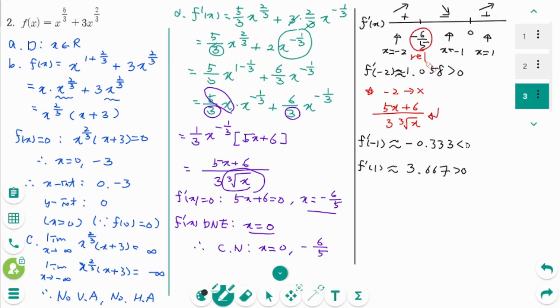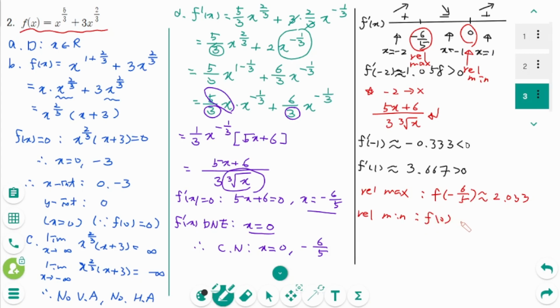And relative maximum, use this. f of minus 6 over 5 is rounded to 2.033, and this part is relative minimum. And f of 0 equals 0.